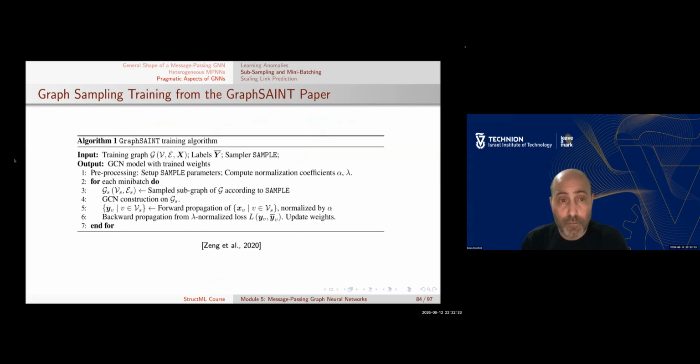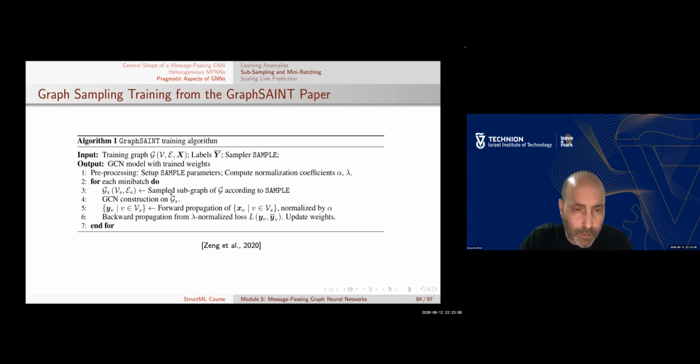Okay, GraphSAINT. Well, I took the pseudocode of the algorithm from the paper, basically to show that up to this idea of building a graph, sampling a graph from the big graph G with some sampling technique, node, edge, random walk, other than that, this is just standard neural network learning.